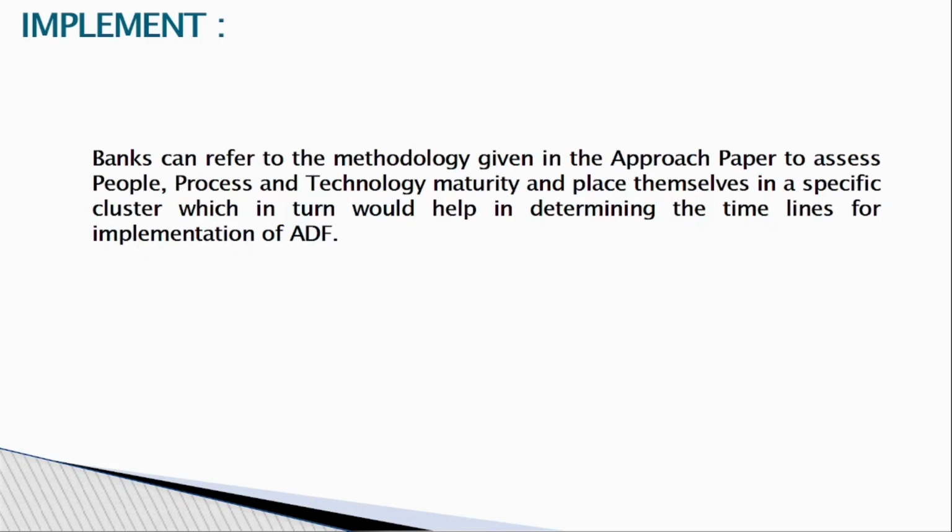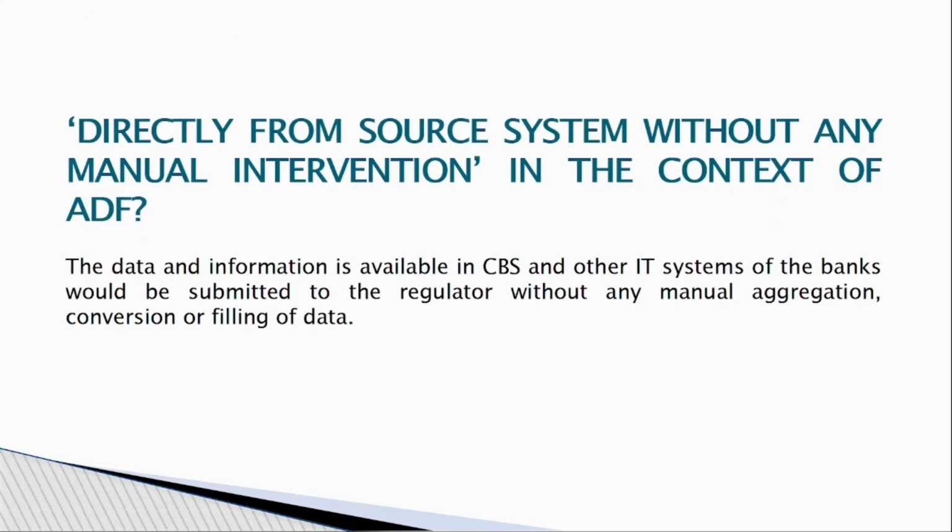Everything is clearly given in the ADF project, and the timelines also. As per the timelines, they can implement the ADF project directly from the source system without any manual intervention. So the main context of ADF is that manual intervention should be removed.